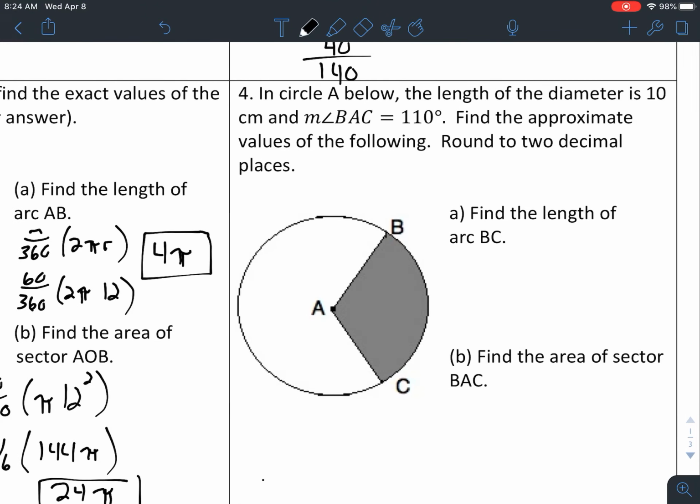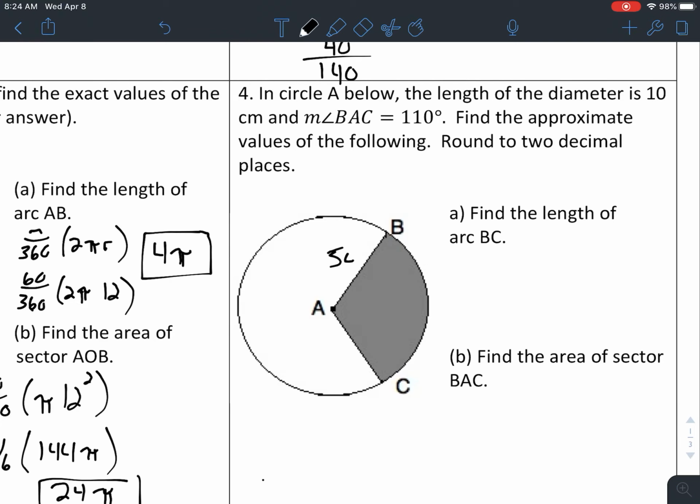Okay, so in circle A below, the length of the diameter is 10 centimeters. And the measurement of BAC is 110 degrees. So right now, this is going to be talking on standard 1.1, which is just being able to annotate it, write down what you need to write. So they're saying that the diameter is 10 centimeters. Diameter, not the radius. Diameter would be this long here as 10. So half of that would be 5.